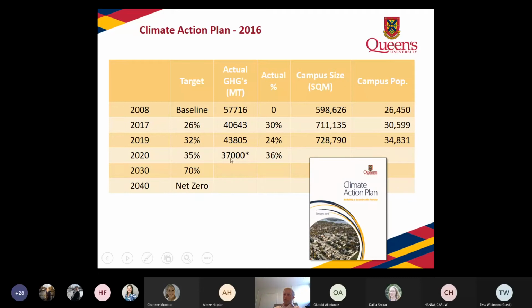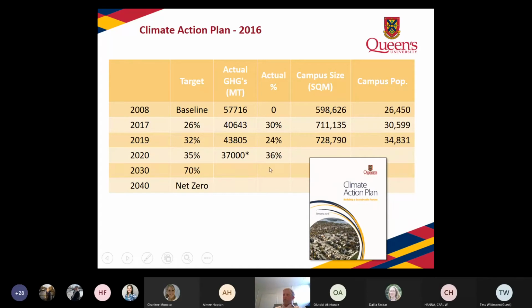And by 2020, you can see we actually reduced quite a bit through a series of initiatives. And in 2020, I've got an asterisk just beside this because we haven't verified the data, but I went back and pulled all the information, and based on my expectations, we'll be just over our target at 36%.